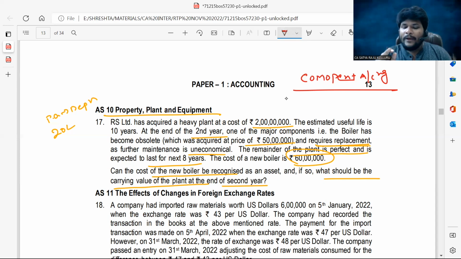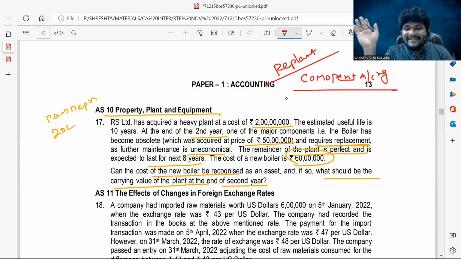Now you are going for the replacement of that component. At the time of replacement, what is the accounting treatment you need to follow? We need to derecognize the old component, as well as recognize the new component into the current PPE. Am I right, guys?